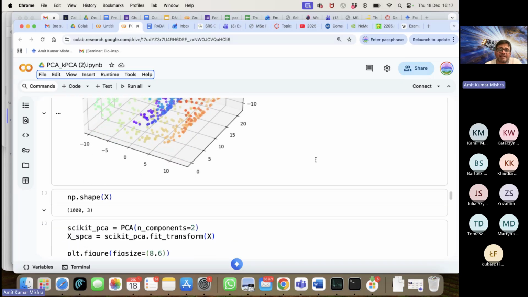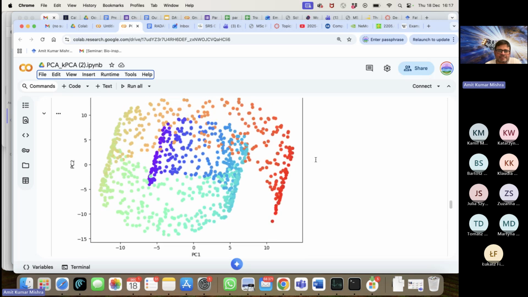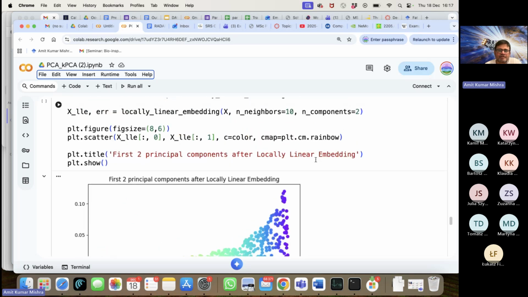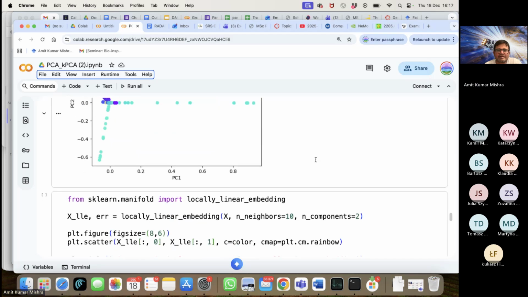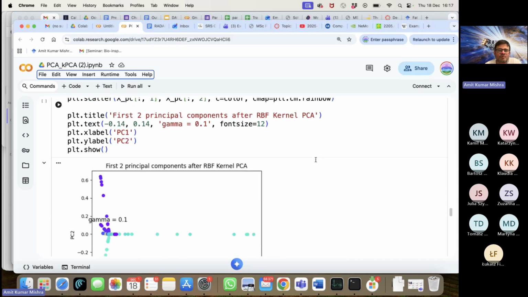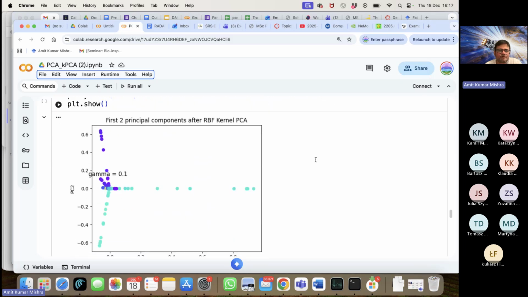PCA, of course, cannot do anything, it is all jumbled up. And kPCA, at least with RBF, was not able to do it either. But then again, you can play around and see if any other kernel and some other gamma can make it look separate.